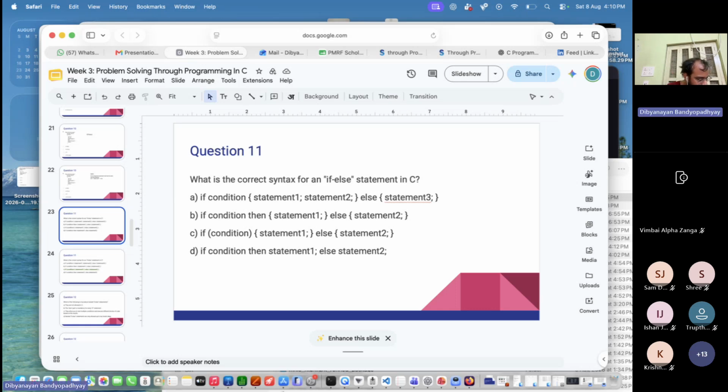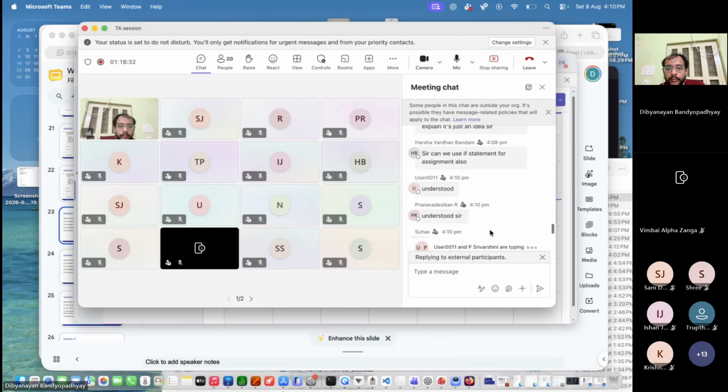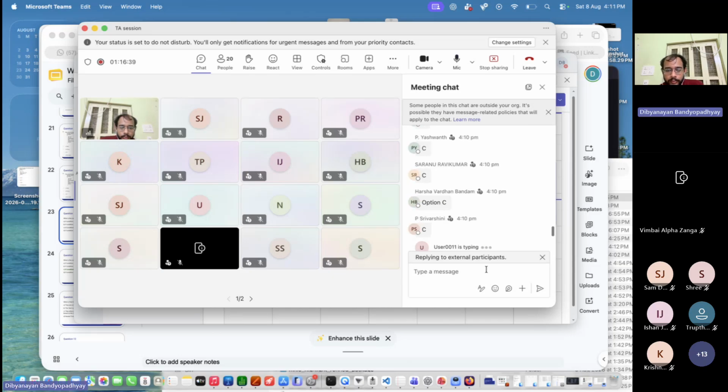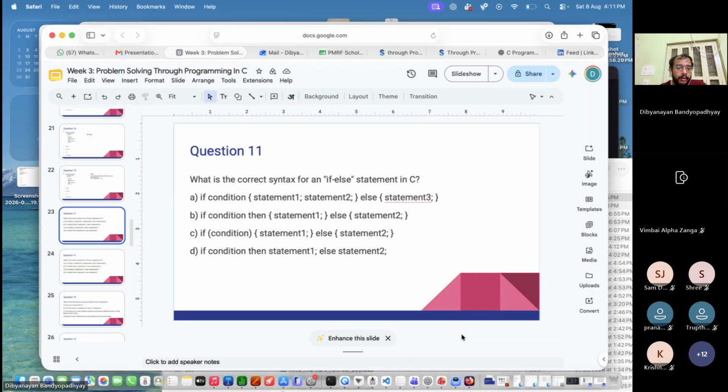So C. If condition statement one else statement two.